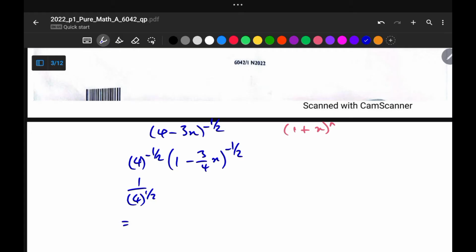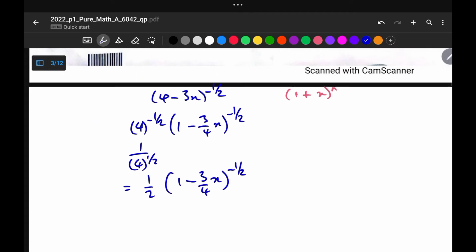So this gives us 1 over 2 multiplied by (1 minus 3 over 4 x) raised to the power negative half. What we are going to expand now is this (1 minus 3 over 4 x) raised to the power negative half, using our general formula for expansion of expressions of the form (1 plus x) raised to the power n.